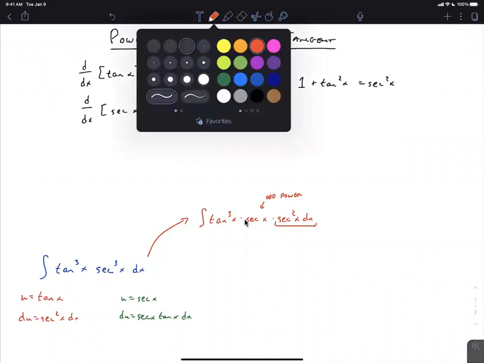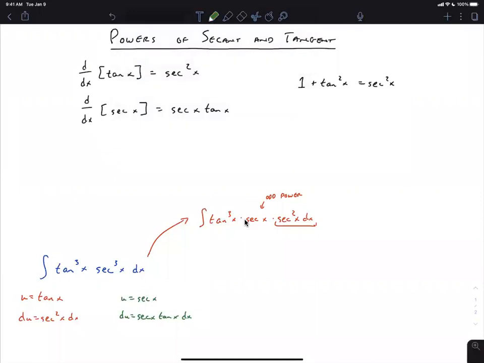If I do u equals secant, then I'm going to rewrite it where I have tangent squared and secant squared, because I'm going to take one factor of each and reserve that for the du. And now they both have even powers, which is fine, but the one we care about in this setup is tangent.